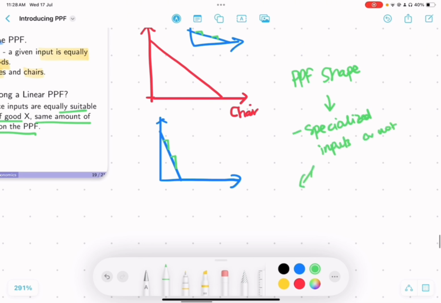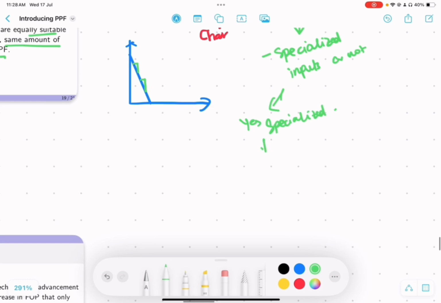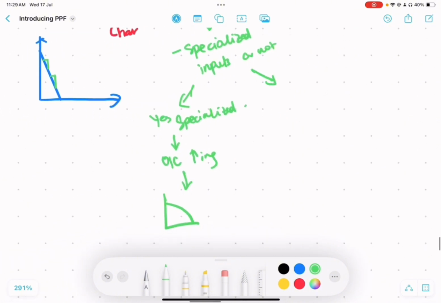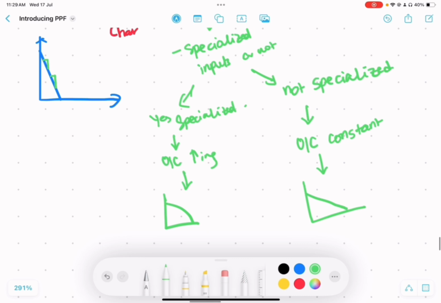If we say that yes, they are specialized, then we have a case where opportunity cost will be increasing. And so we're going to have a PPF which is going to be concave to the origin. On the other hand, if we say not specialized, in this case, we're going to say opportunity cost is constant, meaning its value will always stay the same. In that case, we're going to have a linear PPF.